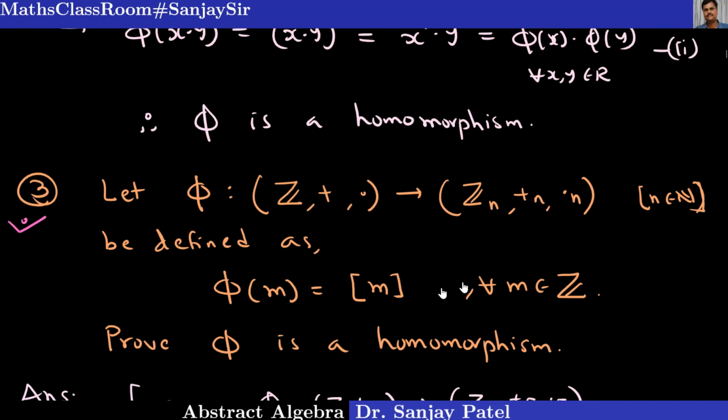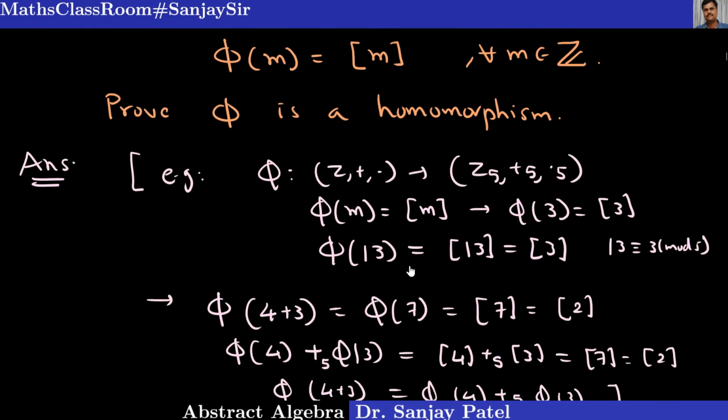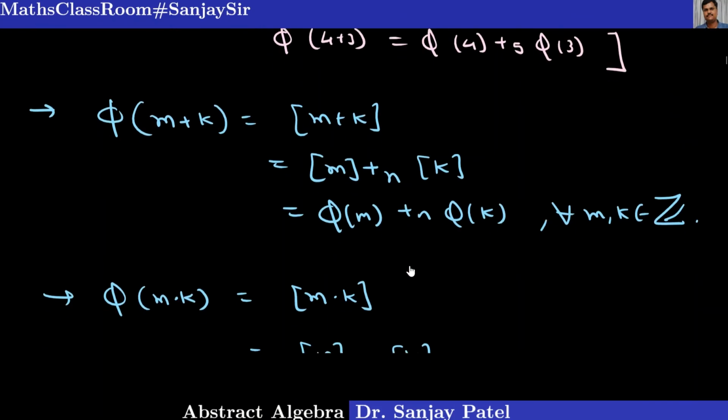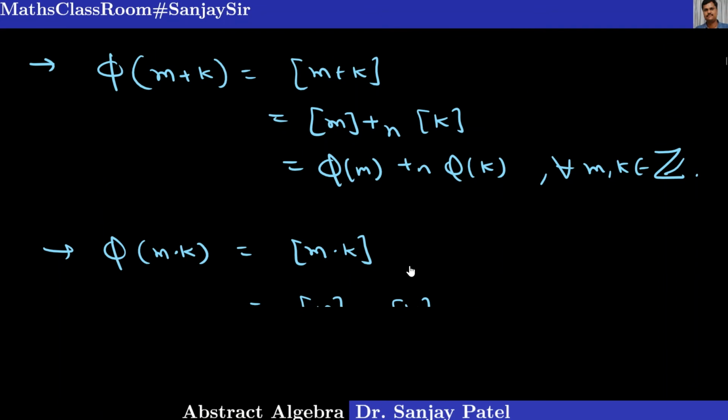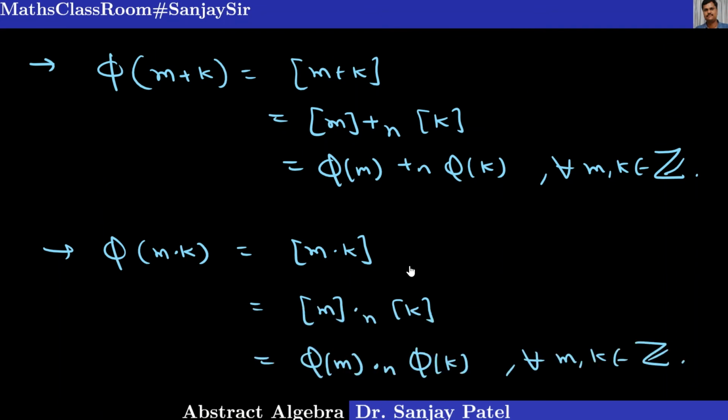We are going to discuss something more about this homomorphism later on. So this is the introduction to homomorphism of rings. Homomorphism is nothing but a function from one ring to another ring which preserves the operations of the two rings. We'll see some properties of homomorphisms in our next lecture.